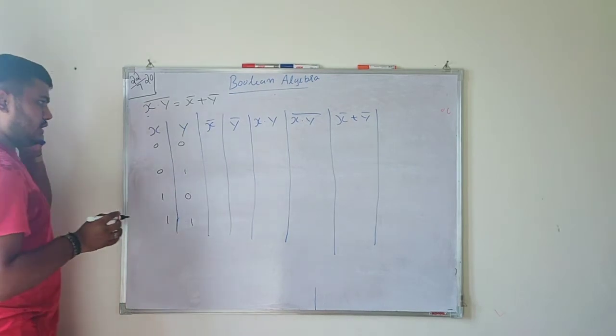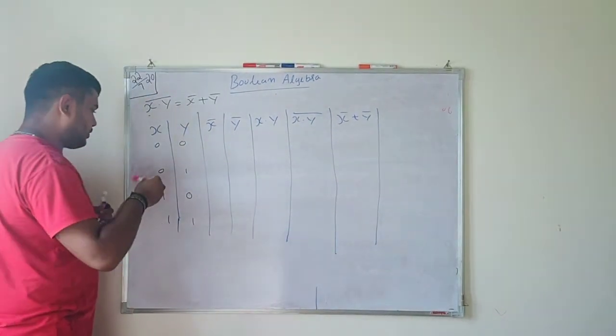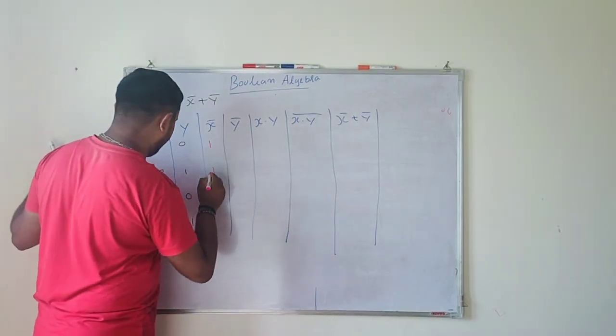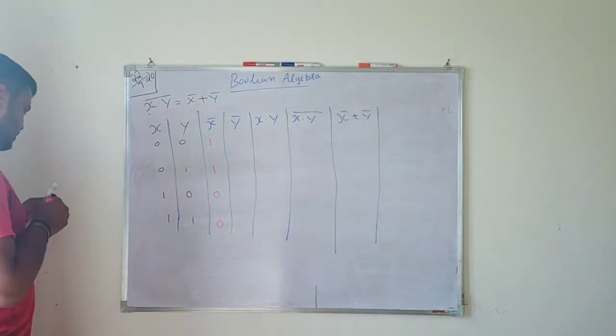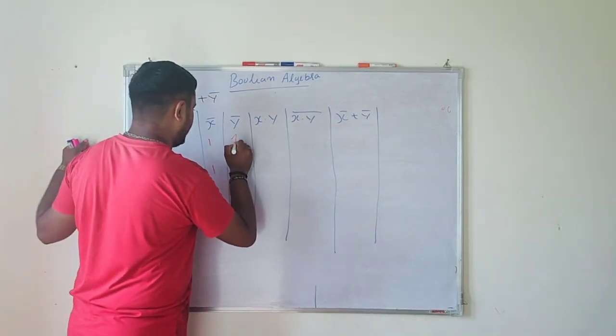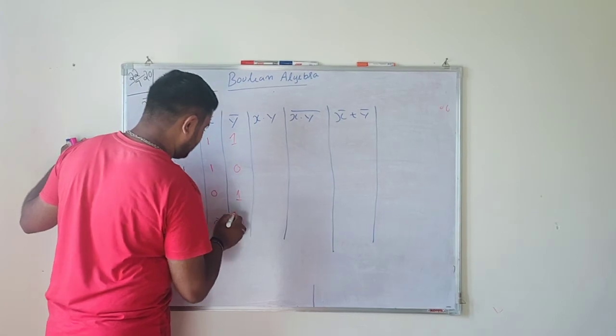So now x bar, what will we get for x bar? We get x bar as 1 1 0 0. Now y bar means 0 gives 1, 1 gives 0, 0 gives 1, 1 gives 0.